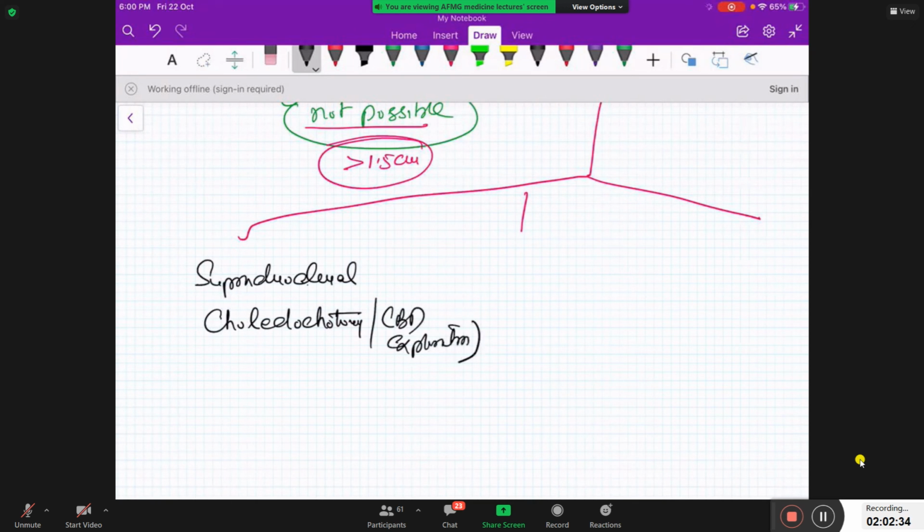Choledochotomy means opening of the CBD, removing the stone and closing it with T-tube placement. Supraduodenal choledochotomy with T-tube placement is one of the options.